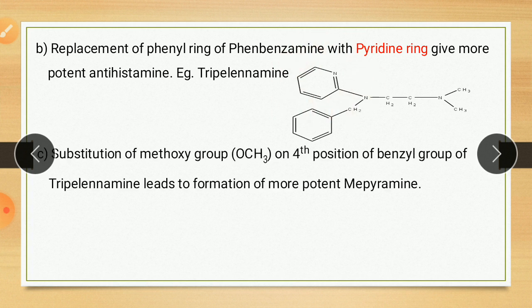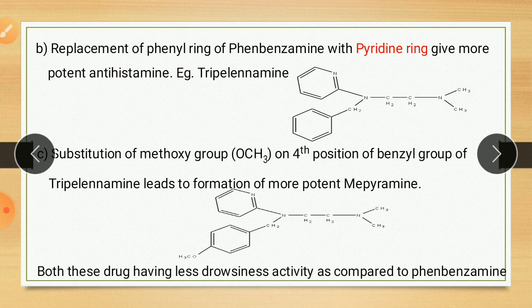Next, substitution of a methoxy group on the fourth position of the benzyl group of tripelennamine leads to formation of the more potent mepyramine. Again there is a methoxy group on the fourth position of the benzyl group of tripelennamine. So when we introduce a methoxy group on the fourth position, it gives a new drug, mepyramine, a more potent drug.